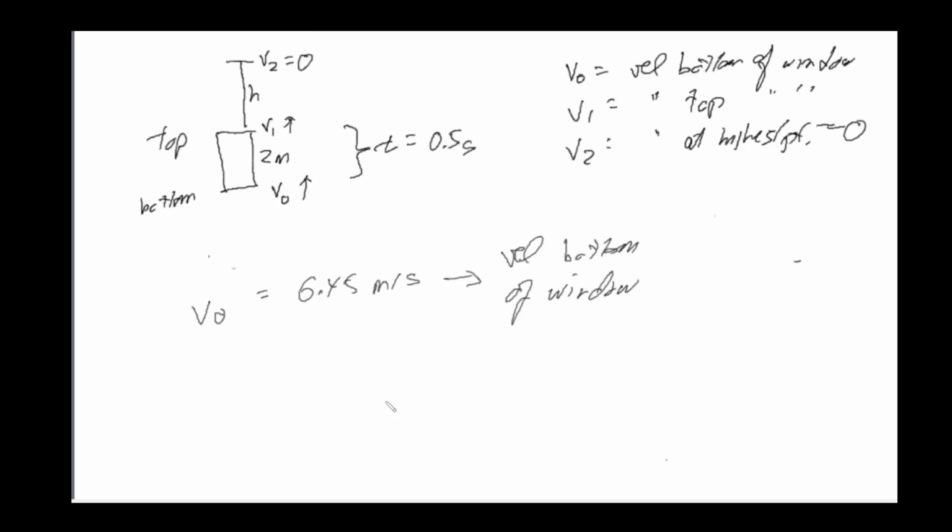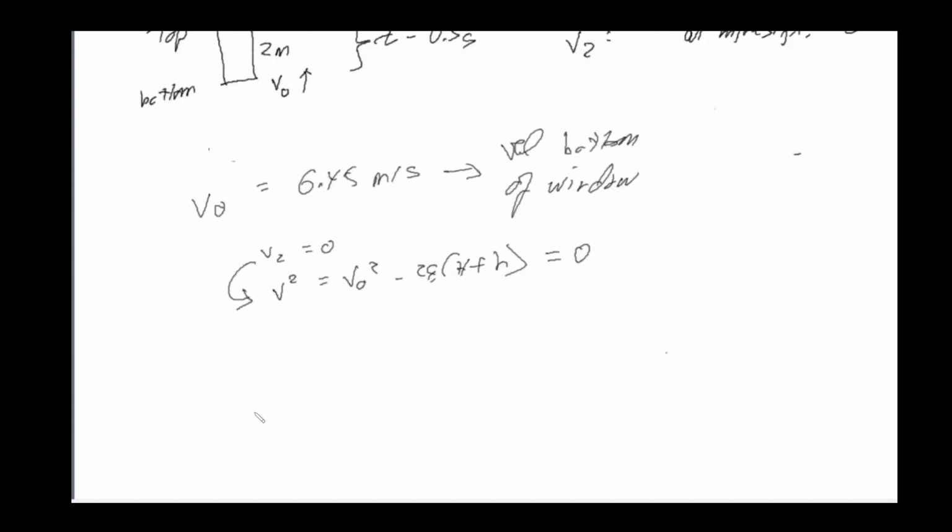Now we're looking to find h, the height above the window that the ball will rise. We know its velocity v0 at the bottom of the window, and we know that v2 at the maximum height is equal to 0. From our kinematic equations, v squared is equal to v0 squared minus 2g(h plus h), which is also equal to 0.